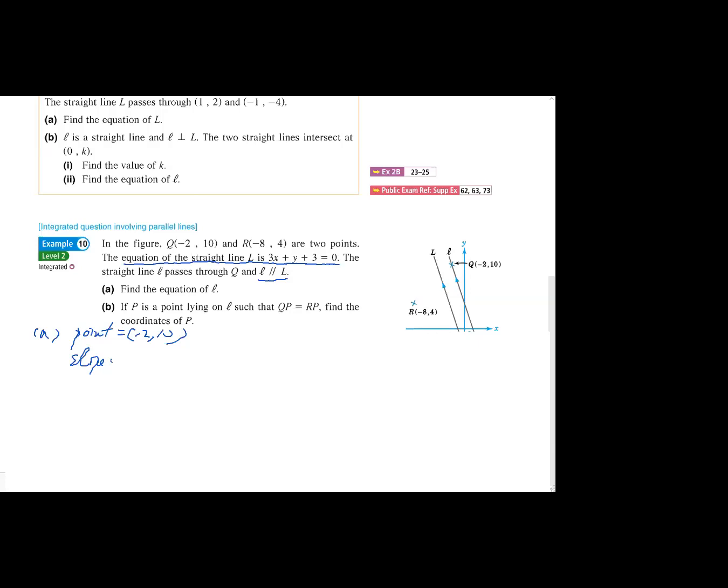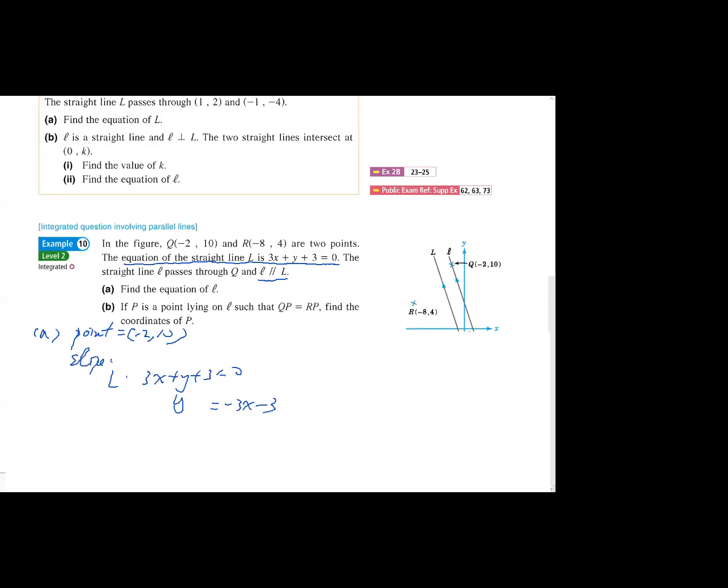So now we need to find the slope of capital L. Okay, so for L, we have equation 3x plus y plus 3 equals 0. You need to remember that in order to find the slope of a straight line, we need to make y the subject because we have the slope-intercept form, y equals mx plus b. Okay, when y is the subject, the coefficient of x on the other side will be the slope. Okay, so I just keep y to be the subject and then move all the other terms to the opposite side. It becomes y = -3x - 3.